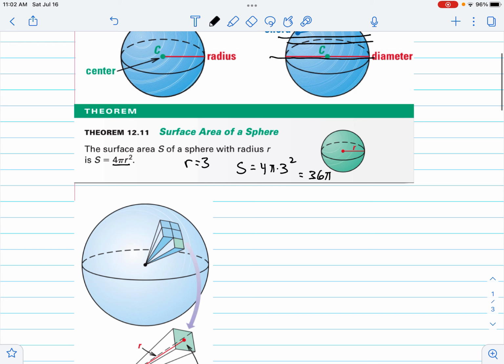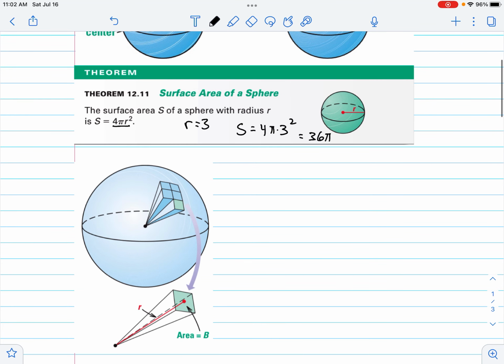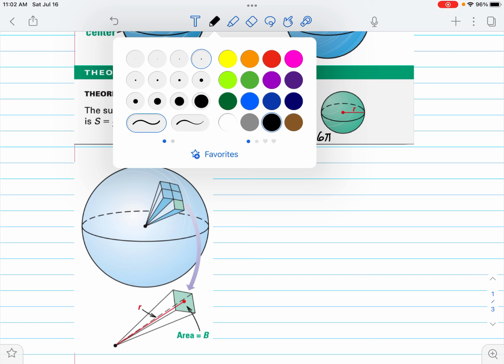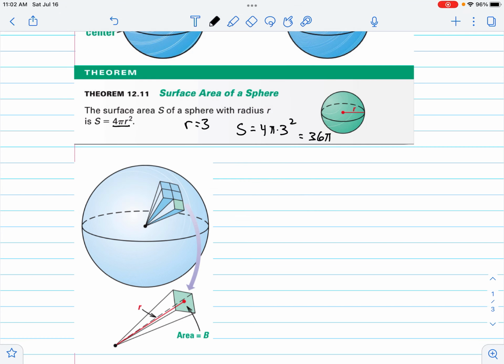Now we want to look at the volume. Let's think about a sphere, and suppose that you divide the sphere up this way. Each one of these, you can think of as a pyramid, kind of a pyramid, but not exactly, because the base is on the surface of the sphere, so it's kind of rounded.